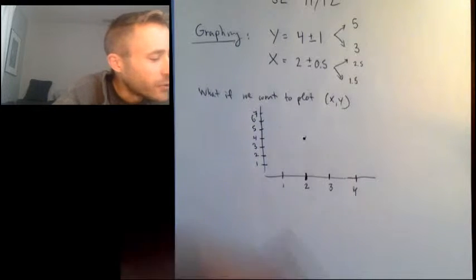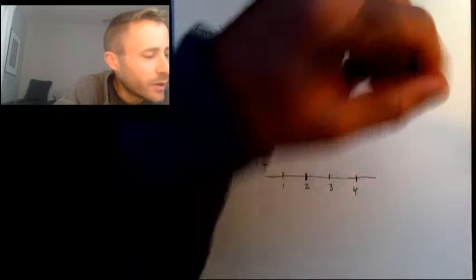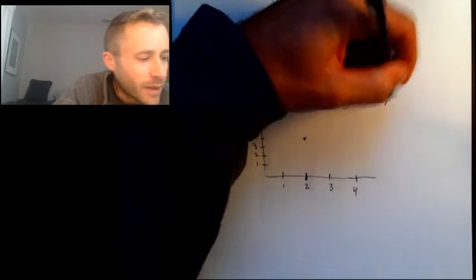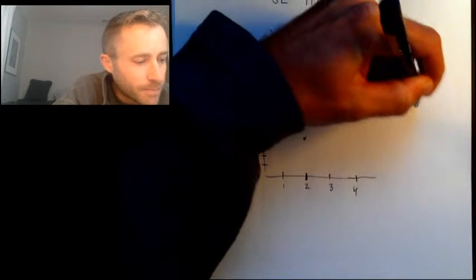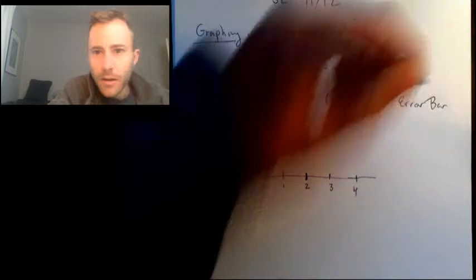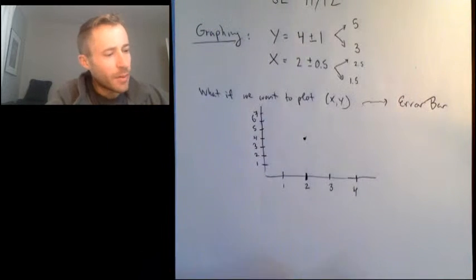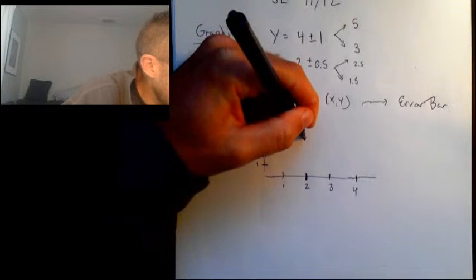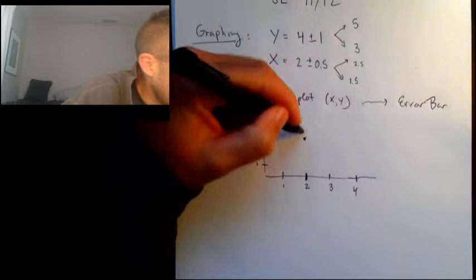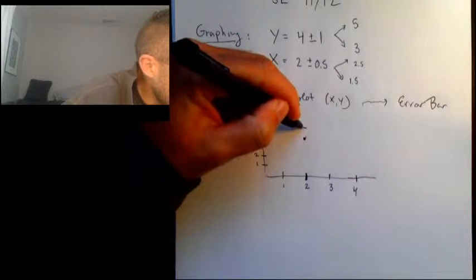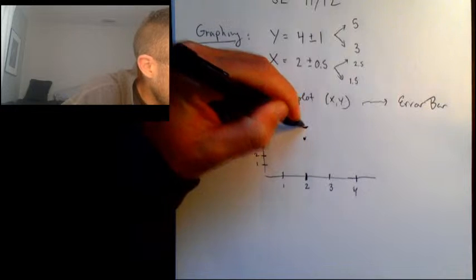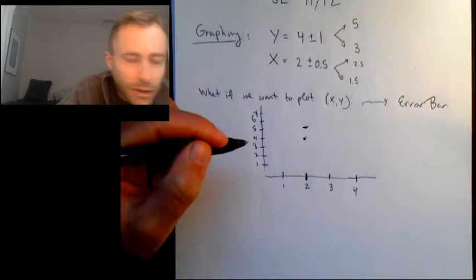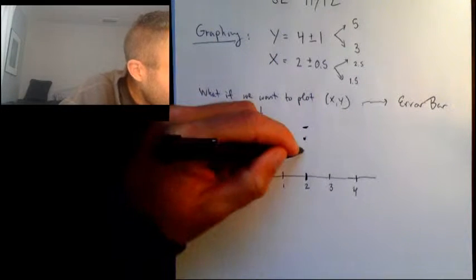So what we're going to draw is what is called an error bar, a graphical representation of the uncertainty. My y value could go up as far as 5, and it could be as low as 3.